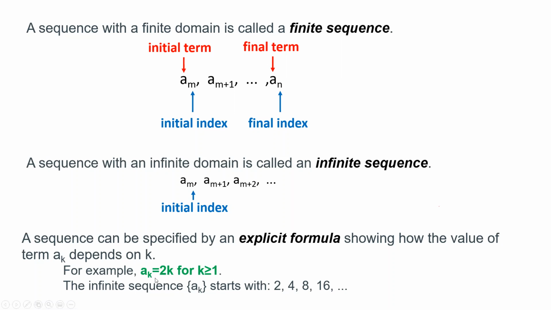So this is an example here. If this is all we were given, A sub k equals 2k for k greater than or equal to 1, we could come up with these first few terms, right? Because we'd say, okay, first of all, what about when k is equal to 1? That's the smallest that k can be. Well, A sub 1 would equal 2 times 1. So that would be a 2. And then when k is equal to 2, we have 2 times 2. So it would be a 4. When k is 3, 2 times 3. Oh, wait. 2 times 3 would be a 6.